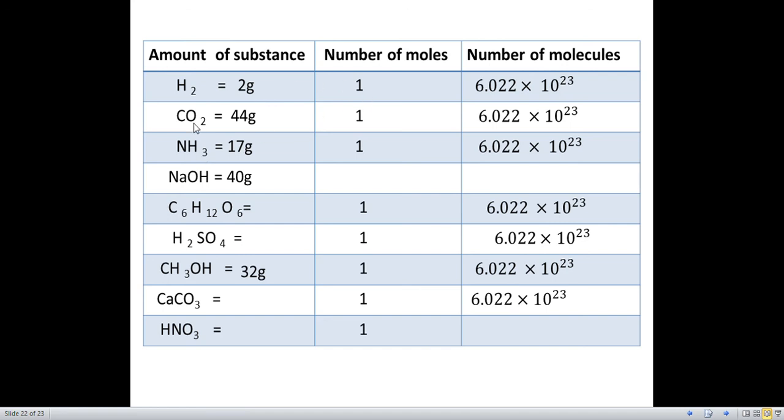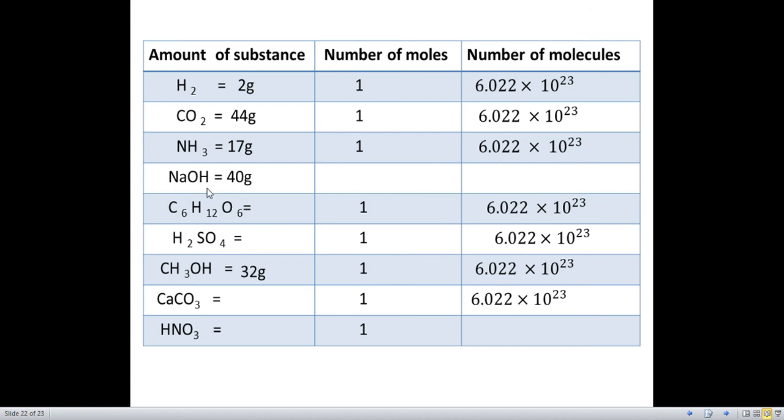If we take carbon dioxide, relative mass: carbon 12, oxygen 16 times 2, 32 plus 12, 44 grams. 1 mole, the number of molecules also 6.022 × 10^23. This is the Avogadro constant. If we take ammonia 17 grams, also the same number of moles, 1. Number of molecules 6.022 × 10^23.